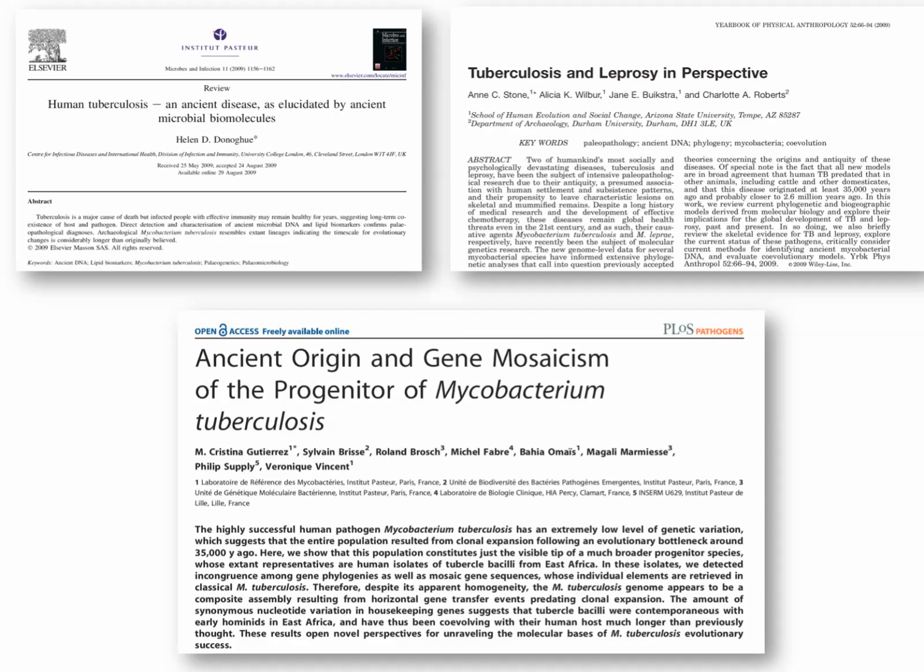There are arguments about whether this organism originated in East Africa and then spread with humans throughout the rest of the world. We know there's clearly a bottleneck, that Mycobacterium tuberculosis is actually a very homogeneous species, and perhaps that was derived from just one lineage. There have been very early diverging lineages discovered in East Asia.